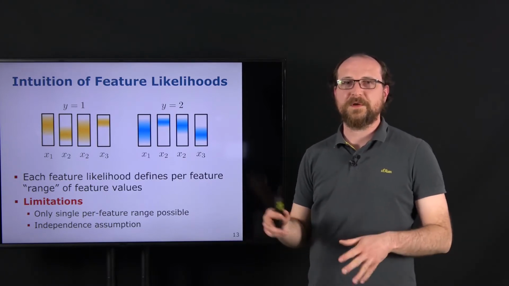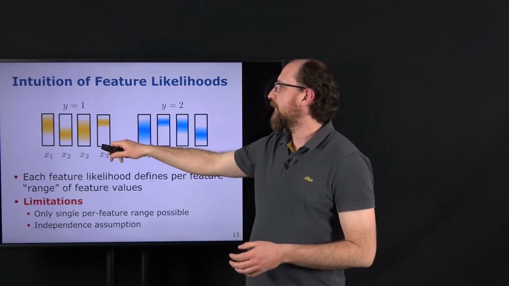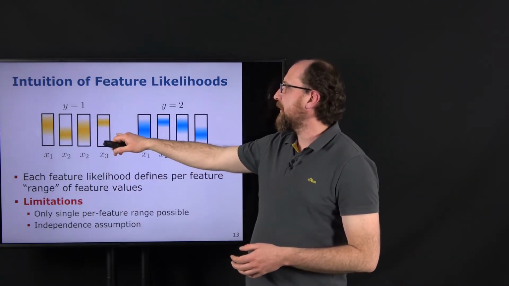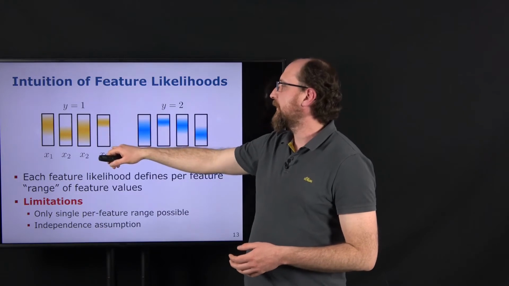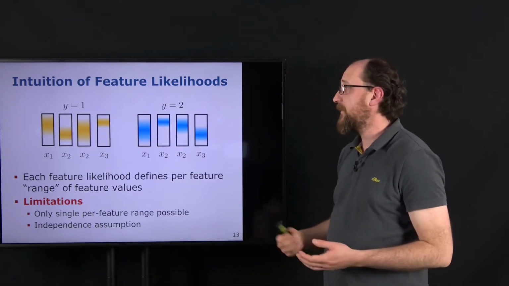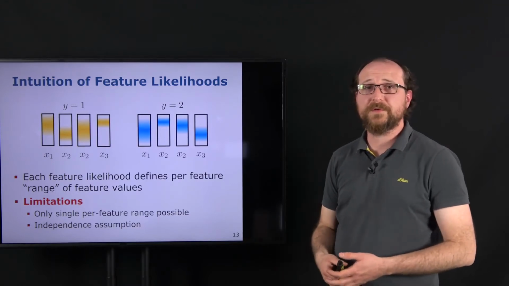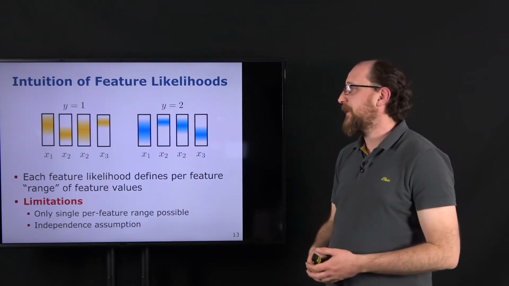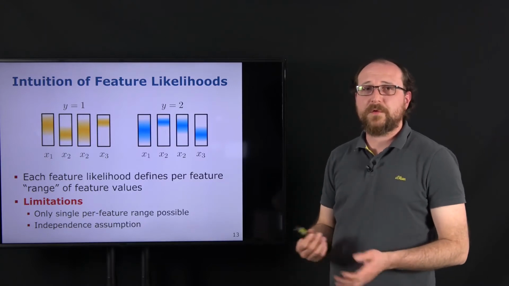So we cannot have, maybe for x3, two peaks, with some parameters that are very likely here, but also in the bottom part, for instance. And we made a very strong assumption that the features are independent, which is, of course, not always the case.